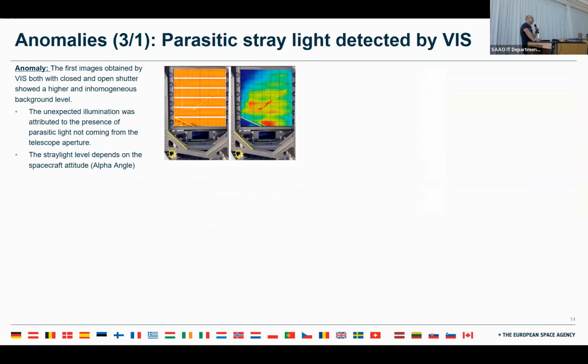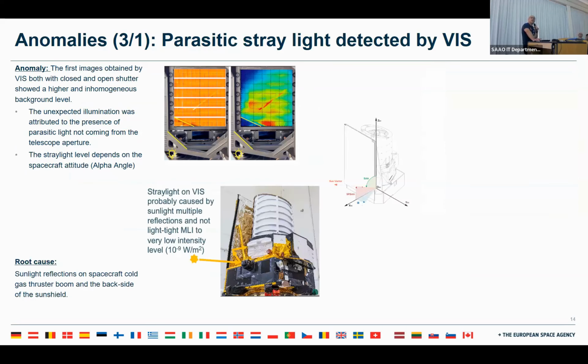During the commissioning phase, we had some anomalies, and I would like to talk about this a little bit because these anomalies have been mitigated, but to some extent they will stay with the mission. The first one is that some parasitic stray light was detected in the VIS instrument. Following investigation, it turns out that it's a reflection from one of the trusted bulbs, on the left-hand side you see on the image.